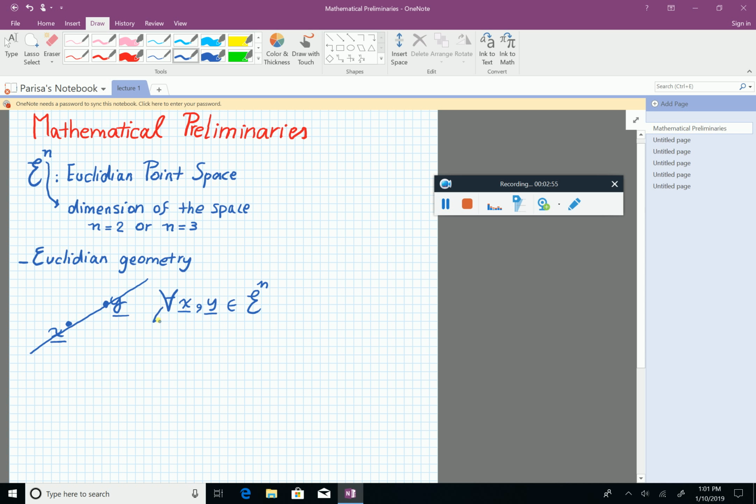So this symbol here means for every, or for all, and this other symbol here means belongs to.